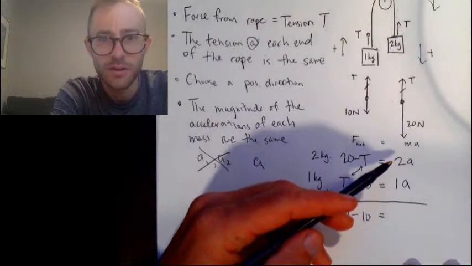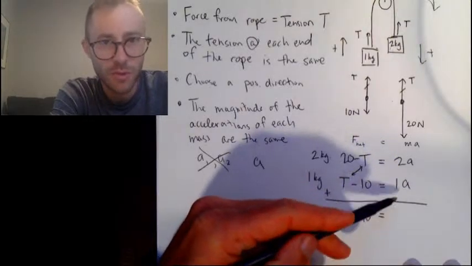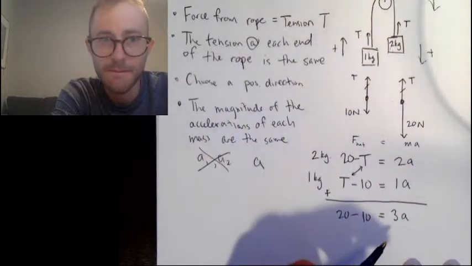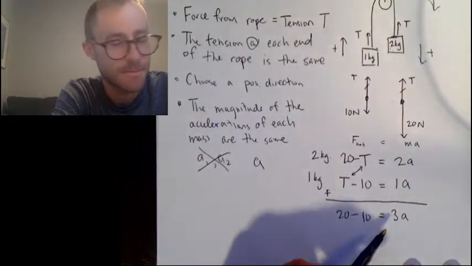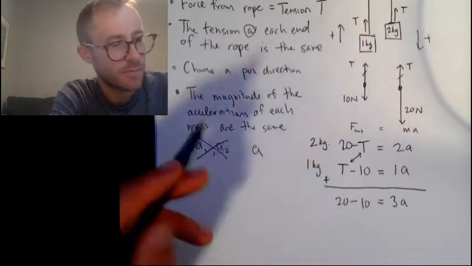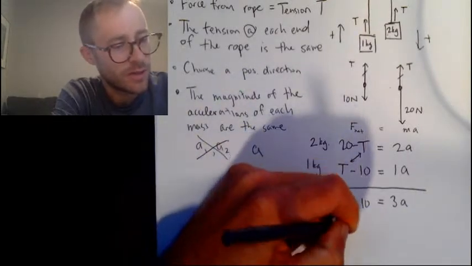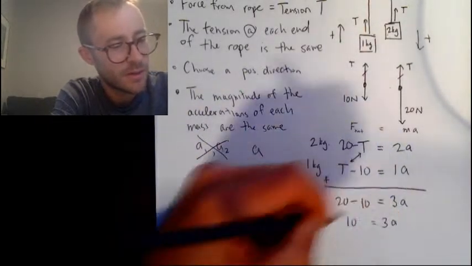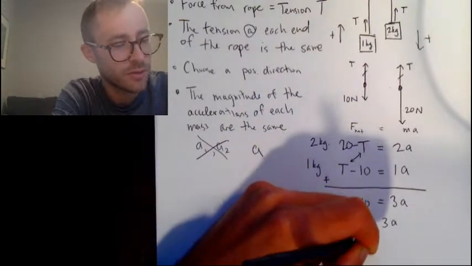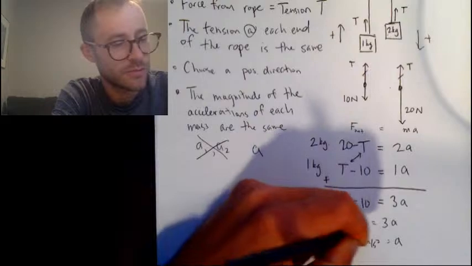And on the right-hand side, I have 2a plus 1a, so that would be 3a. So this becomes really easy to solve. 10 equals 3a. Dividing both sides by 3 gives 3.3 meters per second squared as the acceleration.